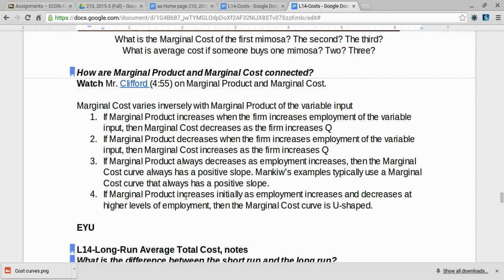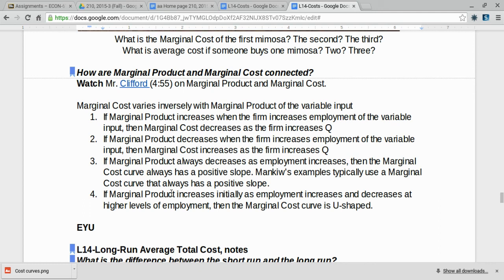If marginal product increases initially as employment increases and decreases at higher levels of employment, then the marginal cost curve is U-shaped. In our example with the widgets, we typically had marginal product increasing between the first and second, maybe third unit of labor, but then marginal product began to fall as we went to the fourth and fifth units of labor.